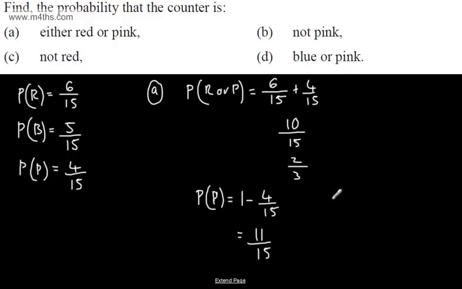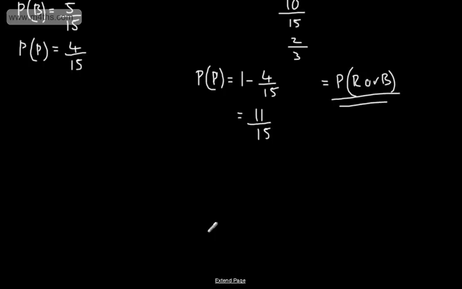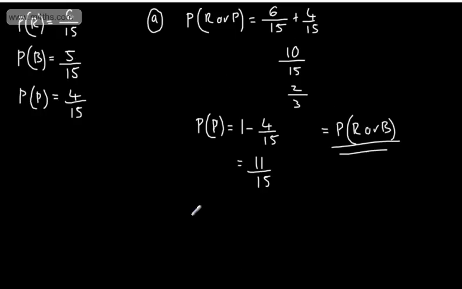Alternatively, I could have just said that this was equal to the probability of a red or a blue. I think it's a lot easier to do 1 minus the answer. So if we look at the next one, so that's B, so let's put B here, the probability in C of now not a red.